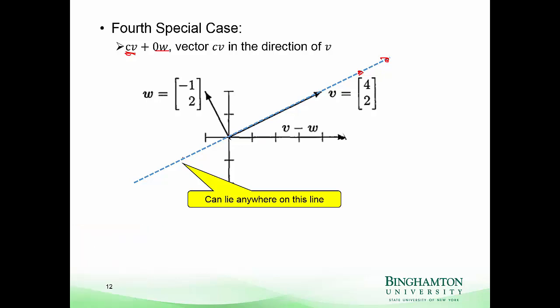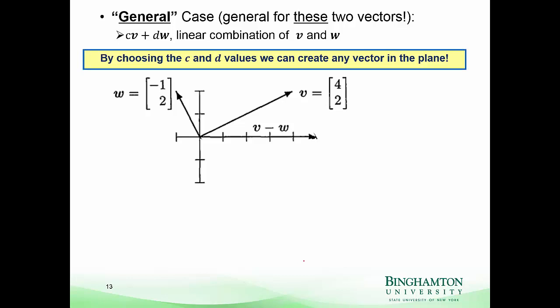Okay, so I can come out to there, I can come out to there, I can come to there. So any of those are possible. So the key here is that the result lies on the line upon which v lies.